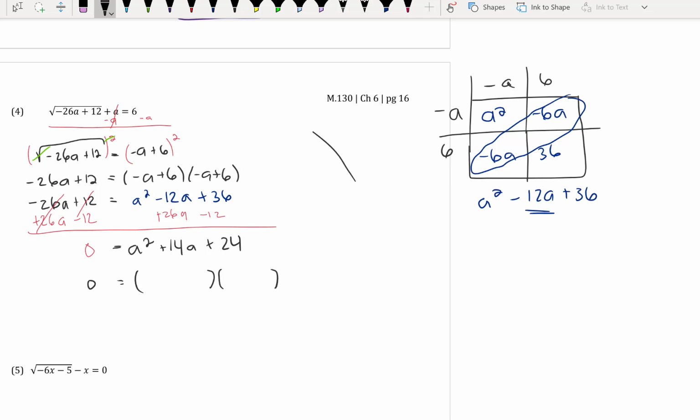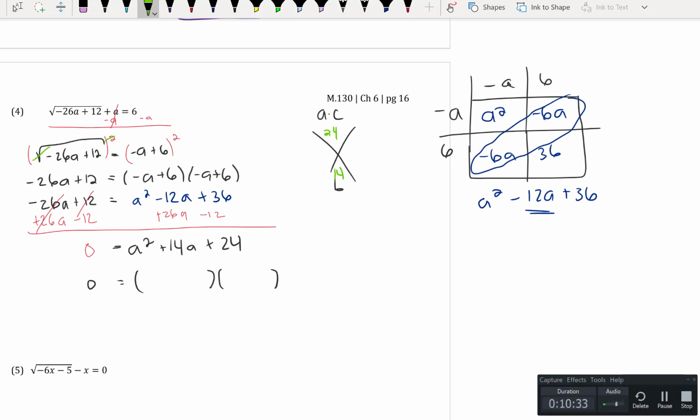So when I factor this, and of course you can do the AC method if that's what you're comfortable with, I have a times c, which is 24, and my b value, which is 14. So let's think about our numbers that can multiply to 24 and add up to 14.